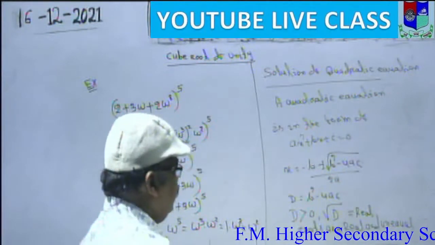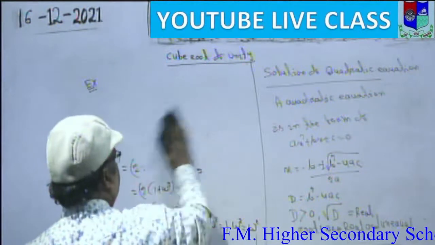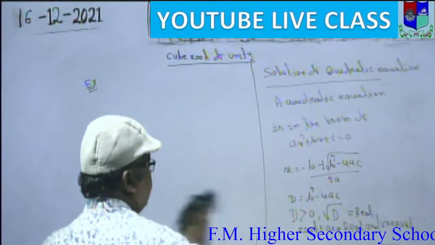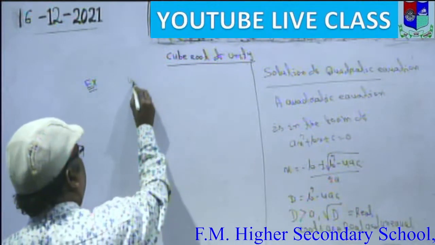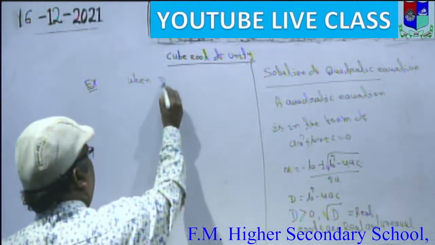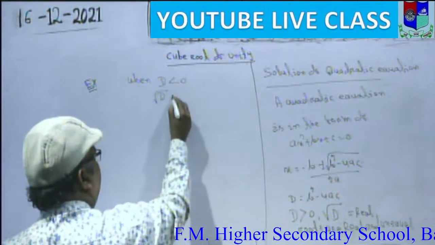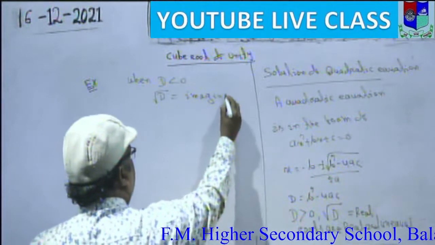Similarly, when D is negative, when D less than 0, the square root of D will be an imaginary number.